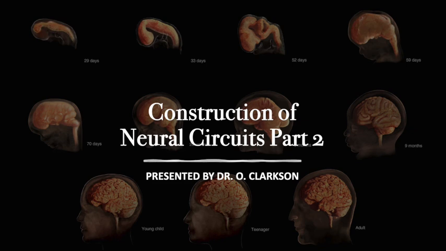Know which structures in the developing embryo's brain turn into what, right? So what are the 2 major categories? Even before that: prosencephalon, which turns into what? Telencephalon and the diencephalon.